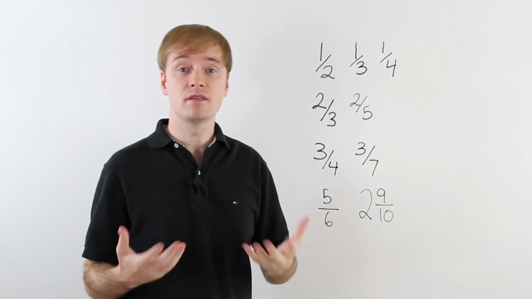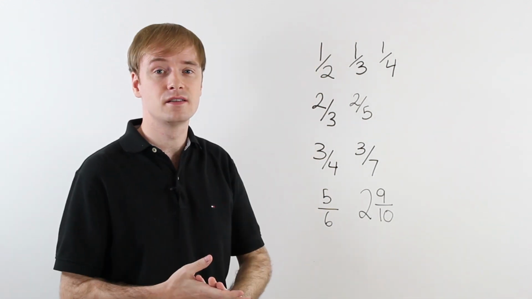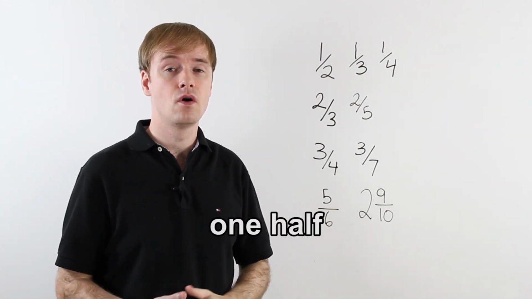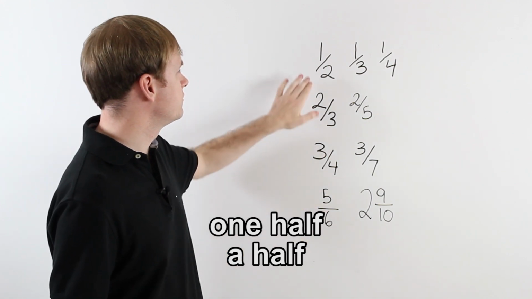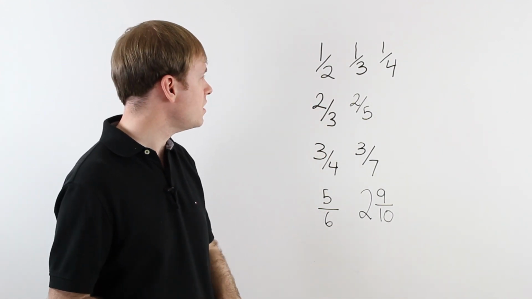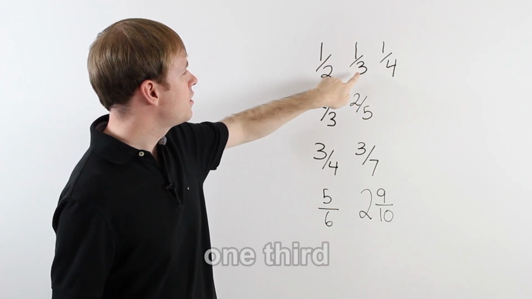All right, so I'm going to go through the first one here. And this is probably the most common fraction. Okay, so we express this as 1/2 or a half. Okay, so as I said, it's a very common half. The next one is 1/3.